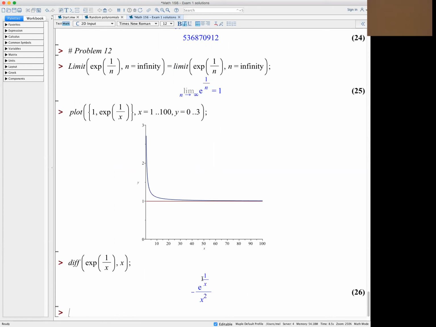The exponential is always positive. x squared is always positive. There's a minus sign in front. This is negative. So that means the derivative is always less than 0. The function is always decreasing, and it's always bigger than 1. So at some point, it's below 1.02. Suppose I actually put in 1.02 in here.